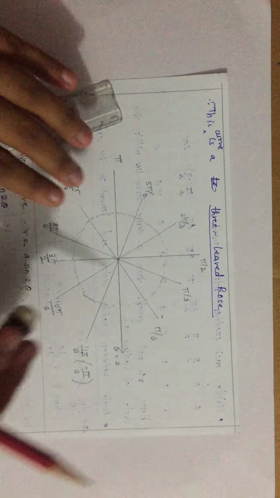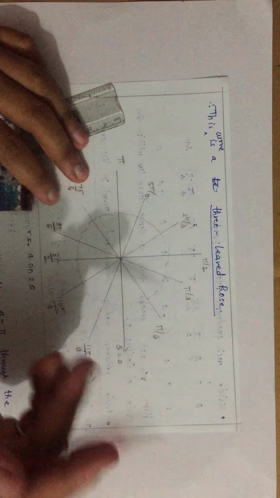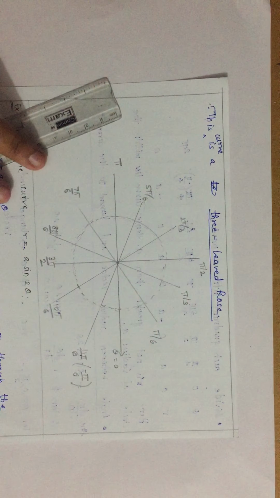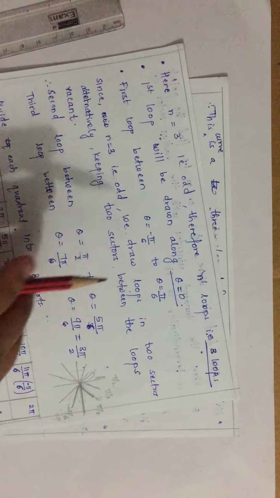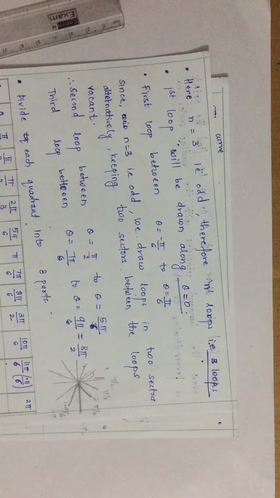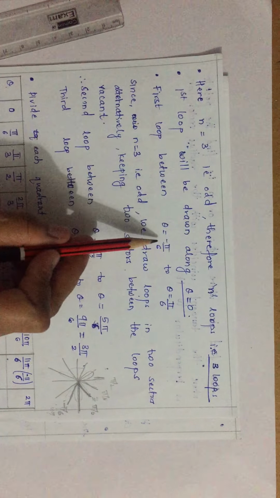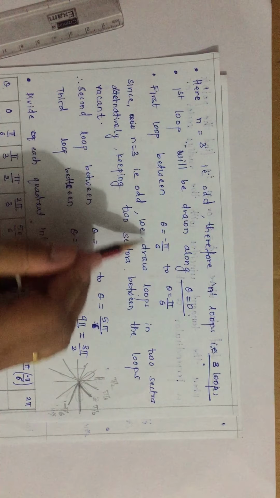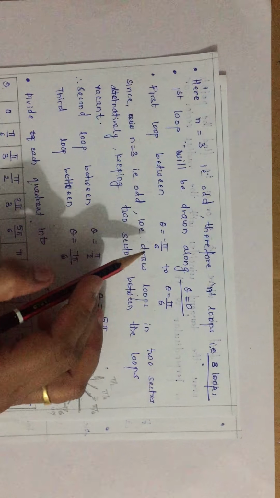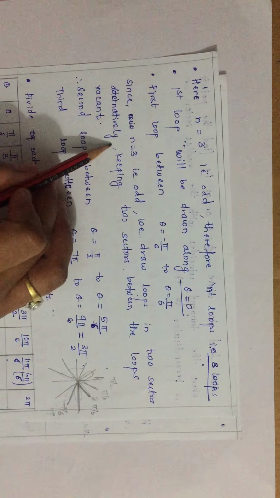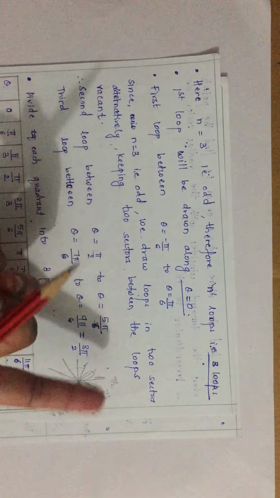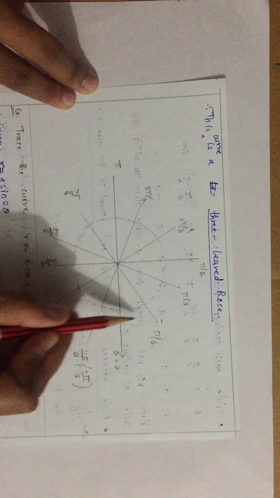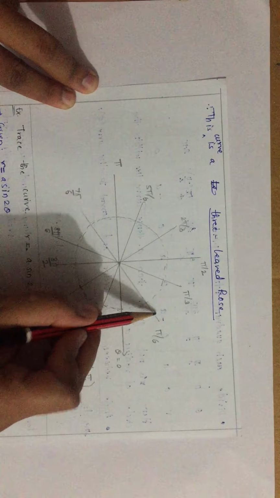Now we need to know where the first loop lies. We have written down in the theory, the first loop will be drawn along theta equal to 0. So that means the first loop will lie between the angles minus pi by 6 to pi by 6, and further the loops will be drawn alternately into the sectors, skipping one sector. Okay, so the first loop will be drawn between the sector minus pi by 6 to pi by 6.